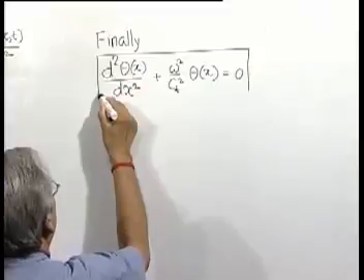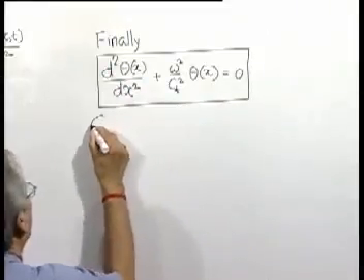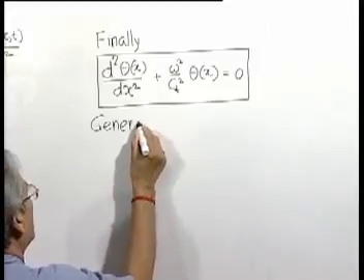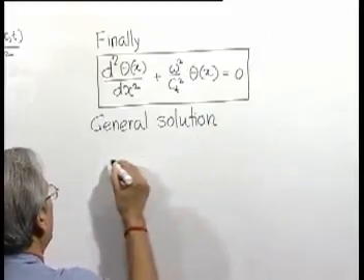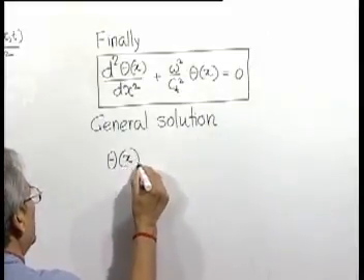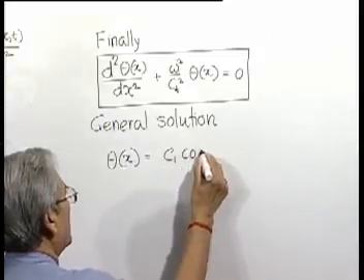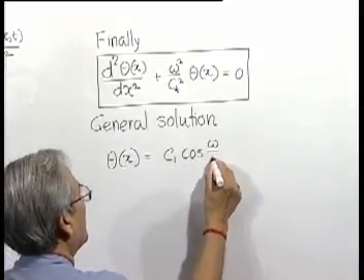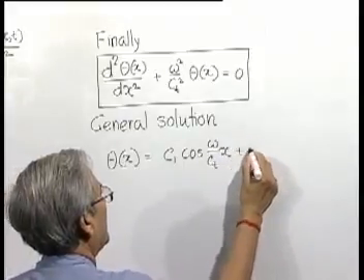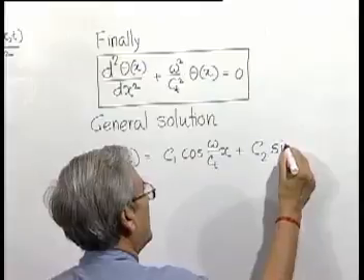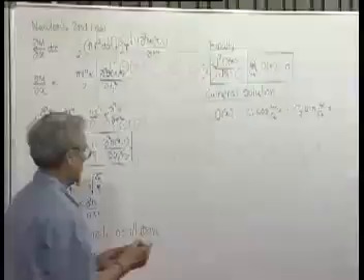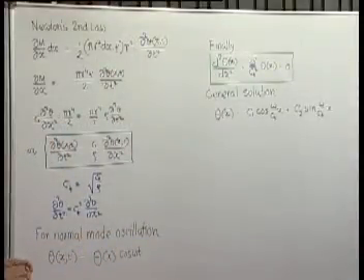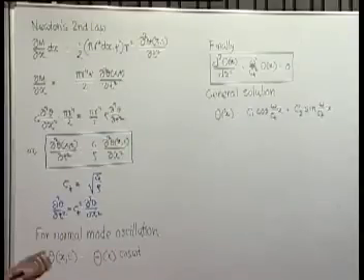the general solution will be as before. Omega can be found out from the boundary conditions of the shaft.